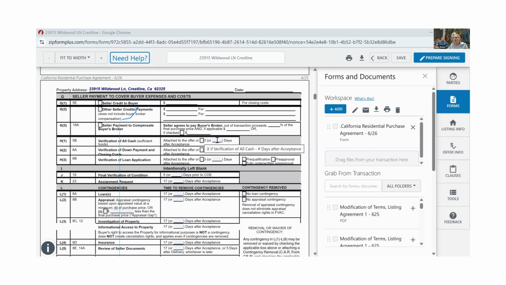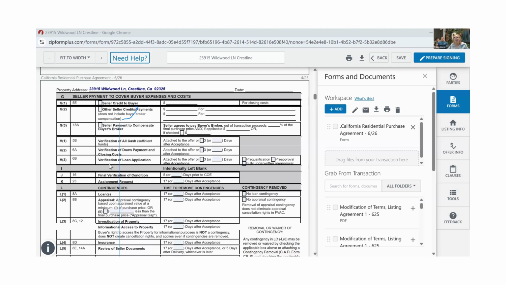If you have another amount of days that you'd like to put in there, then fill this out right here. Same with the verification of down payment and closing costs. Even if you're not using all cash, you still need to show the seller that the buyer has enough money to cover the down payment and the closing costs, whatever you're not asking the seller to cover. So attach it to the offer or check this box, 3 days or however many days after acceptance.